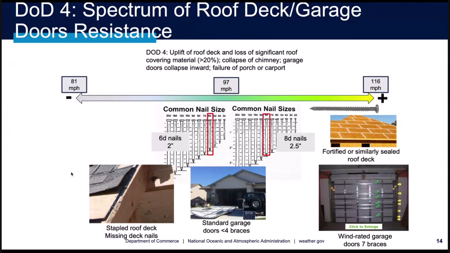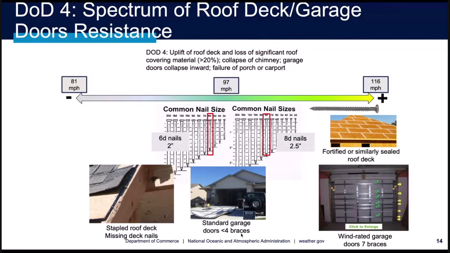A couple other things I put in here. Garage doors, standard garage doors will often fail at these wind speeds. And they'll result in, of course, all sorts of secondary damage that results from that as they add pressure to the interior of the house. So standard garage doors are less than 4 braces.